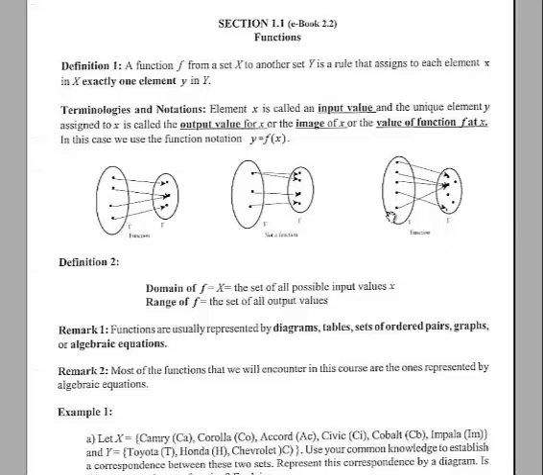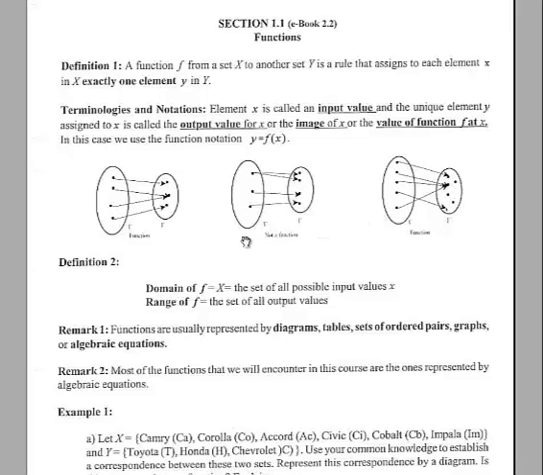This one has five dots, and the first has four. Each of the five only has one arrow leading away from it, so it's only assigned to one dot in the second set. You also notice that the second, third, and fifth dot are assigned to the same dot in the second set. That's okay. It doesn't violate our rule for a function.